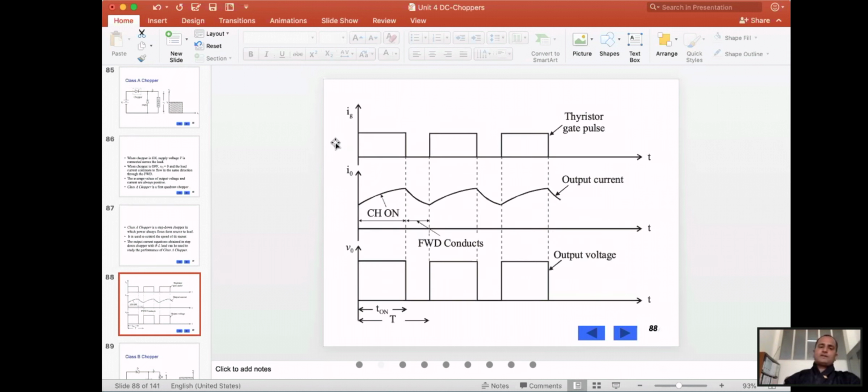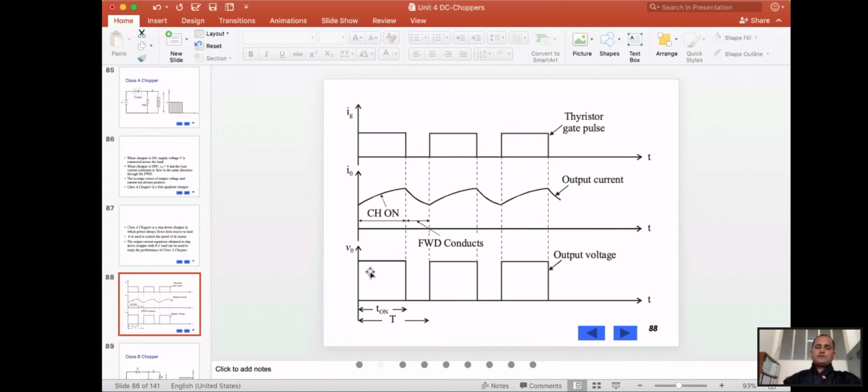In class A chopper, this is the thyristor gate pulses. This is the period when the thyristor is on, and this is the period when the freewheeling diode will conduct. This is the total time period, and it depends on the type of load you are using.